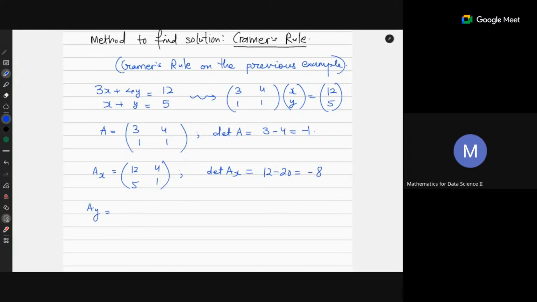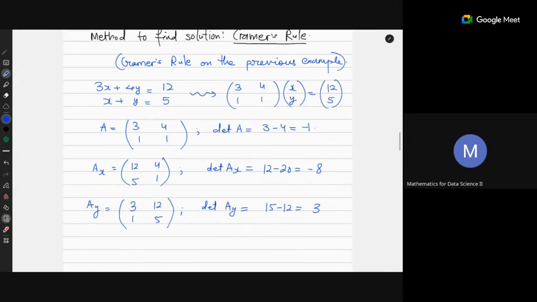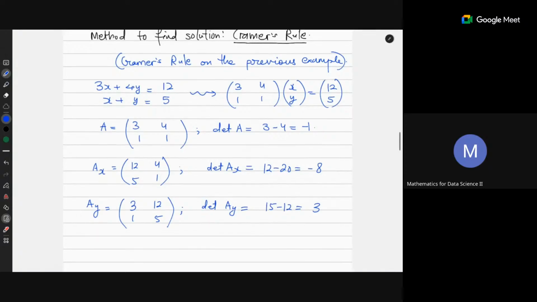Similarly, I write down matrix AY by replacing the second column with the column vector on the right hand side. So it will give me 3, 1, 12, 5. What is the determinant of AY? It is 15 minus 12, which will give you 3. So Cramer's rule says that you can find the values of x and y by using these determinant values.